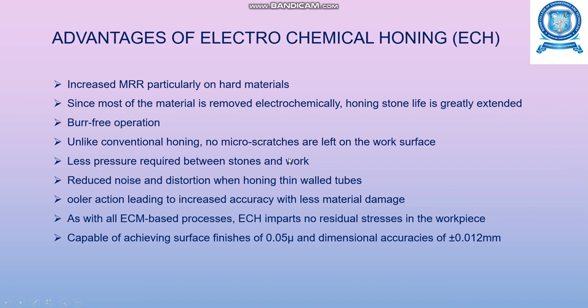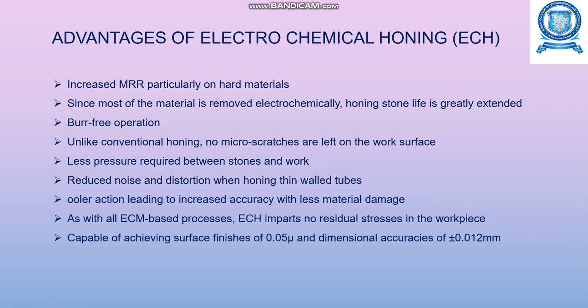Unlike conventional honing, no micro scratches are left on the workpieces. Less pressure is required between stone and work, and distortion and noise are reduced when honing thin wall tubes, and cooler action leads to increased accuracy with less material damage.